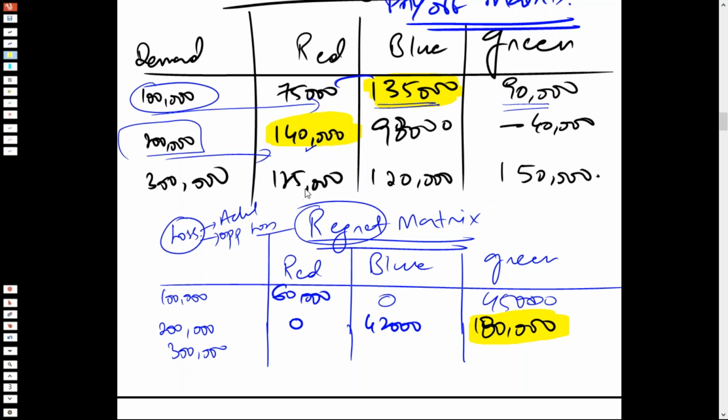Confirm to me you are able to understand this. Minus minus is plus. Okay, good enough.